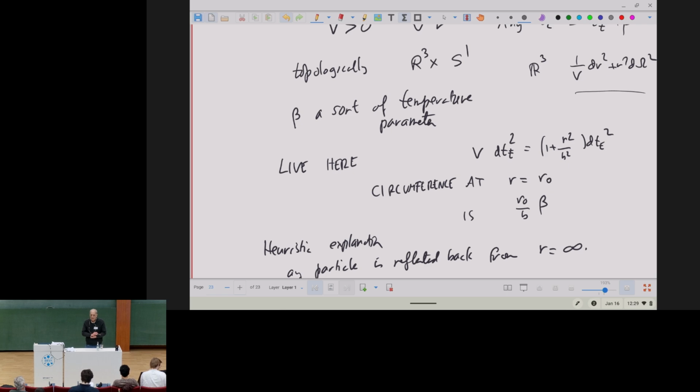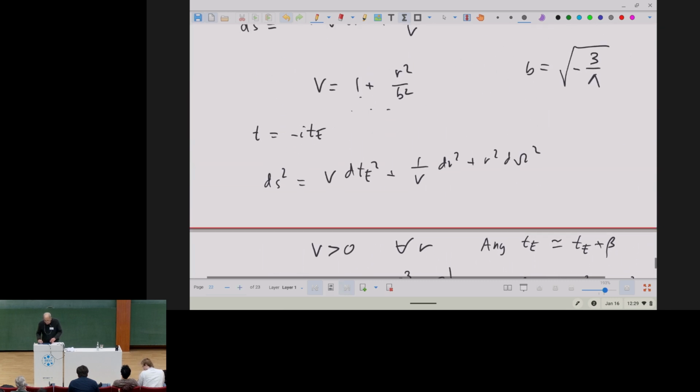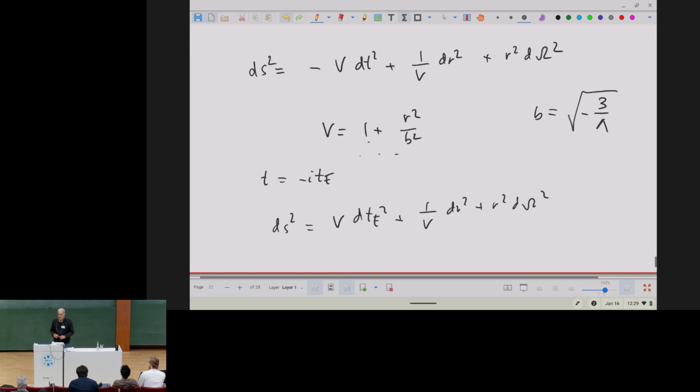But as I've just told you, beta is not really what you'd interpret as temperature if you live in the space. The modern interpretation is that beta actually is the temperature in the dual conformal field theory that lives on the boundary of space-time. I'll say a few words about that in a bit. So one thing we can do if we want to study a thermal gas in AdS is this, a perfectly good solution for any beta.